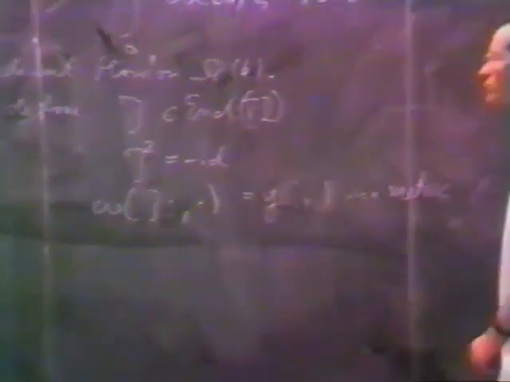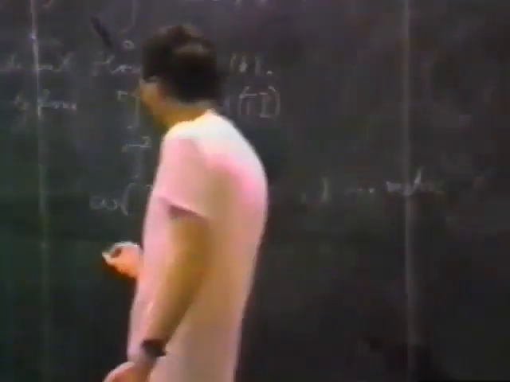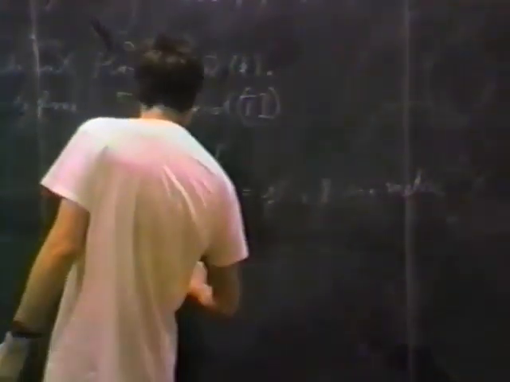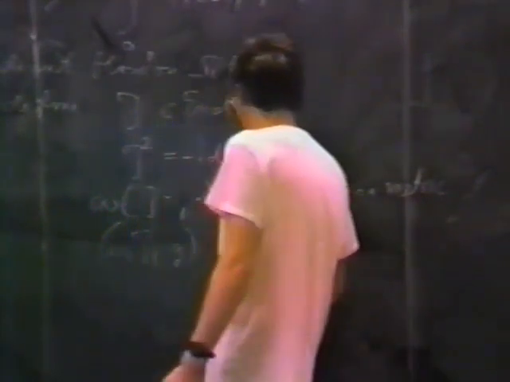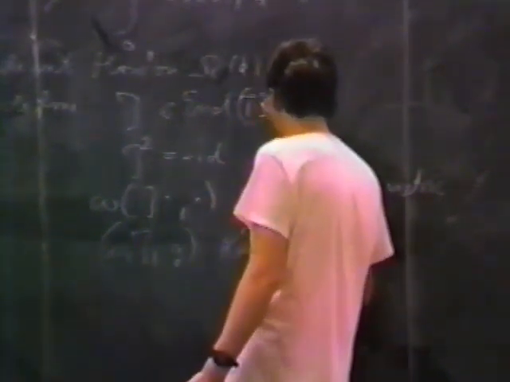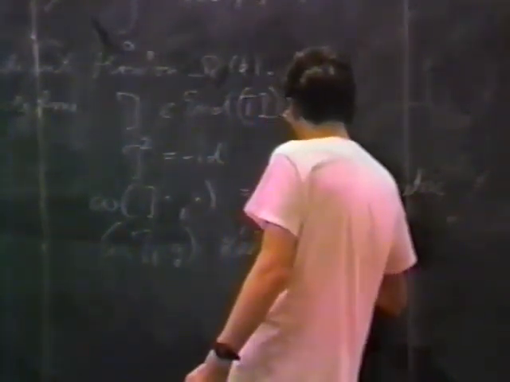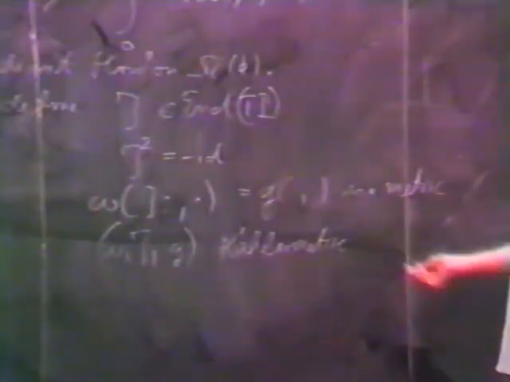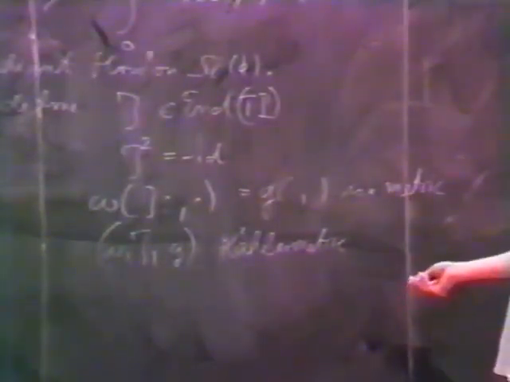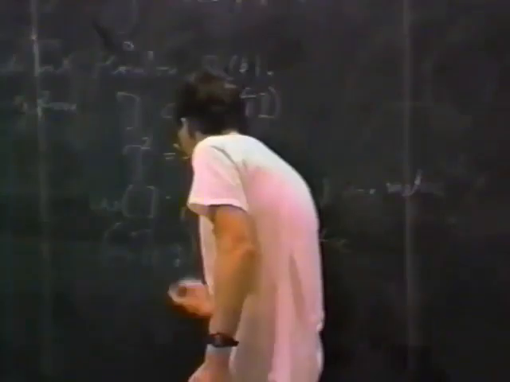That is, it is positive and symmetric. You can always find such a thing. Then omega, J, and g together satisfy all the identities of a Kähler metric, except that J is not necessarily integrable. So I'm looking at an almost complex structure, and so I should say this is almost Kähler.